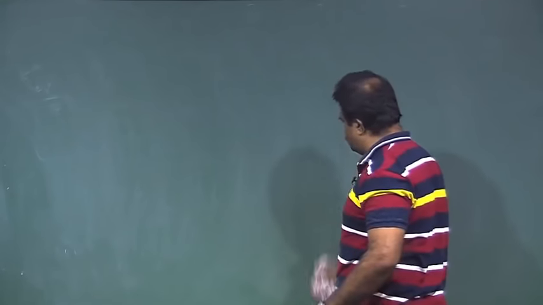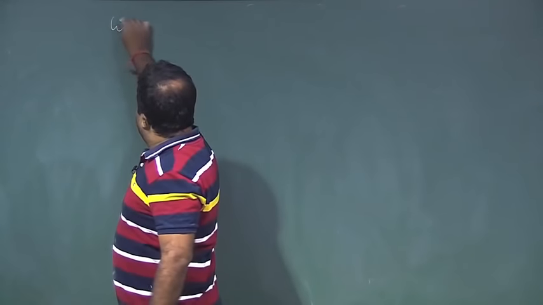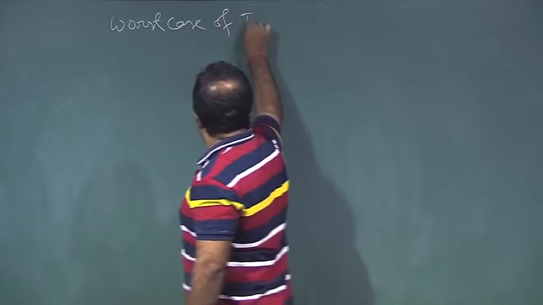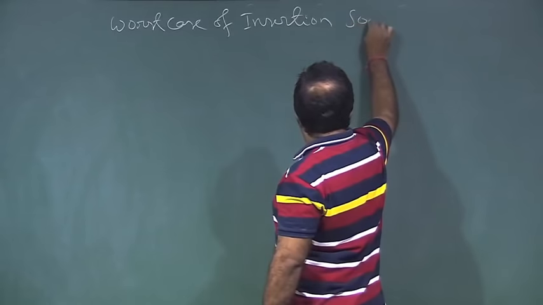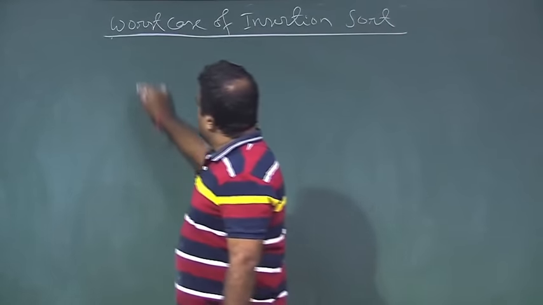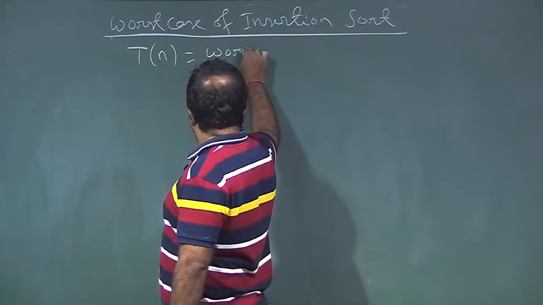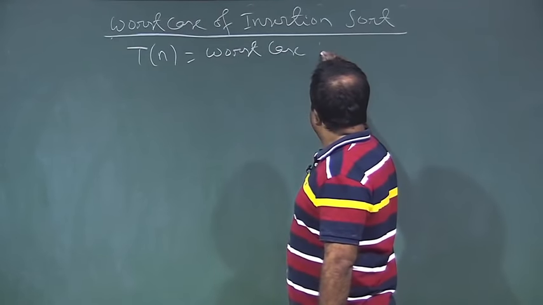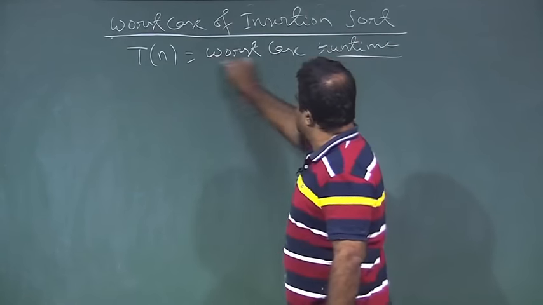Suppose we want to do the worst case analysis of insertion sort. Suppose T(n) is the worst case runtime for insertion sort.